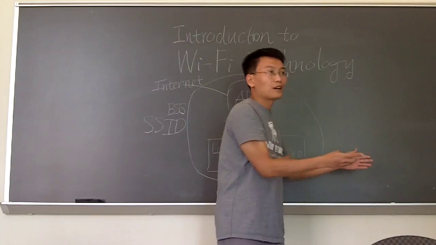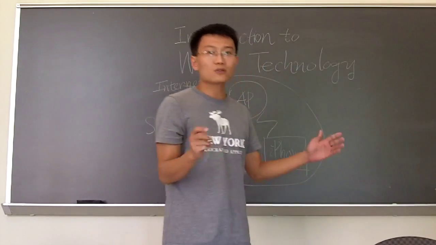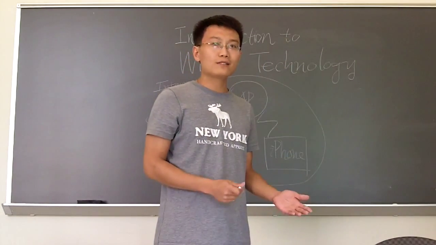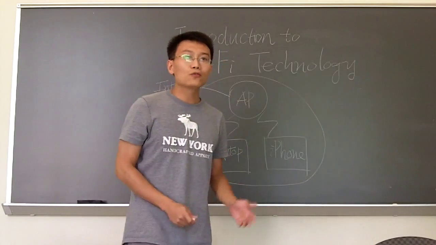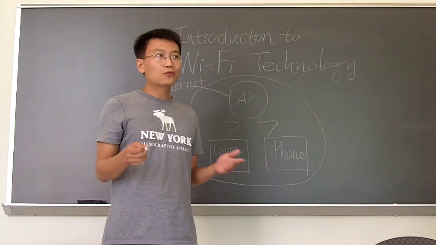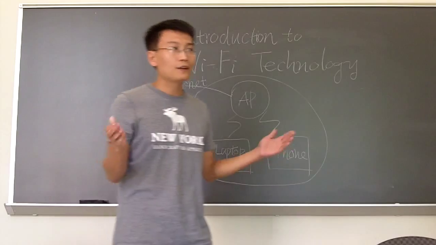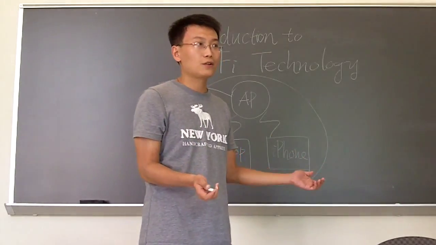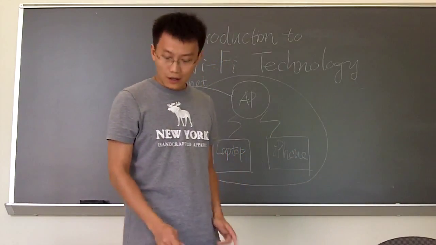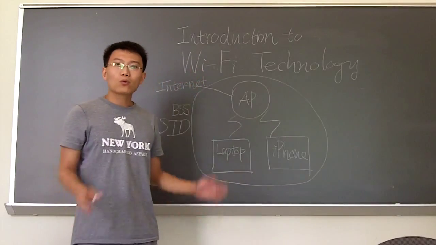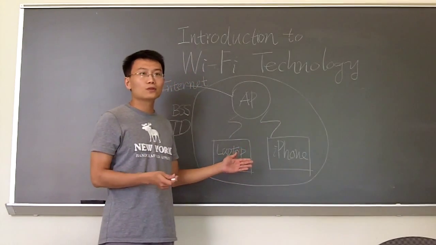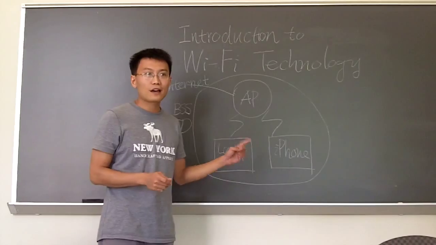So you make the connection. It is also the same thing for the wireless LAN. You first need to find that a network exists there, right? So the first step to connect to such a wireless network is scanning.